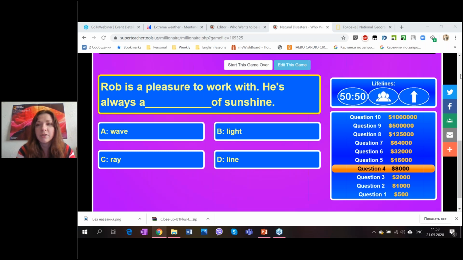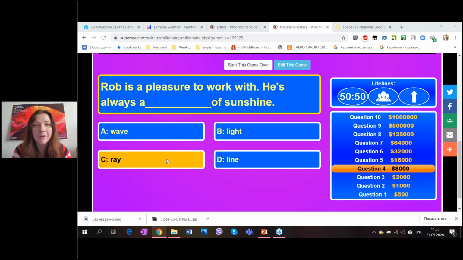Lots of you write to me the answer. Okay, the answer is C, and I see some students who tried this game and who won with 0 incorrect responses. Well done, my congratulations.